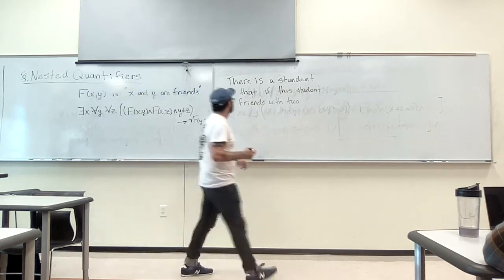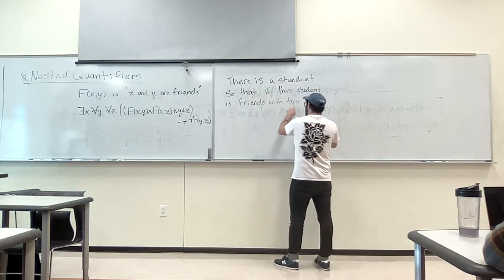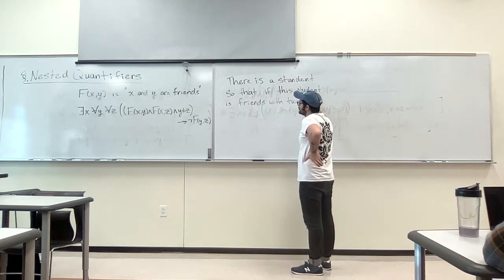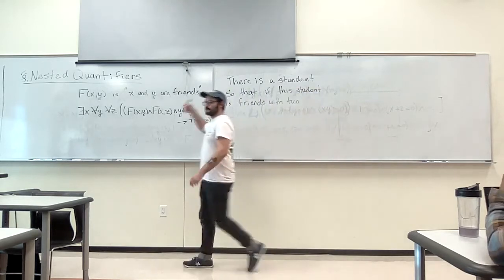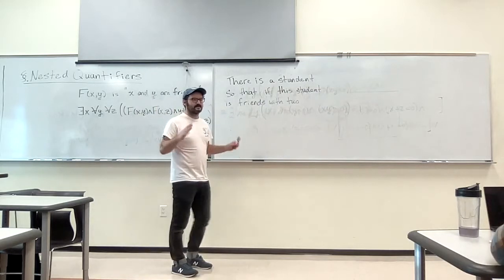So if we write it out, there is a student, so that if this student is friends with two others, oh no, we should say, so that if two students are friends with this one, that's what we should say. I'm trying to write it out the best. I could write it out very long. I'm trying to do it the best the first time around.